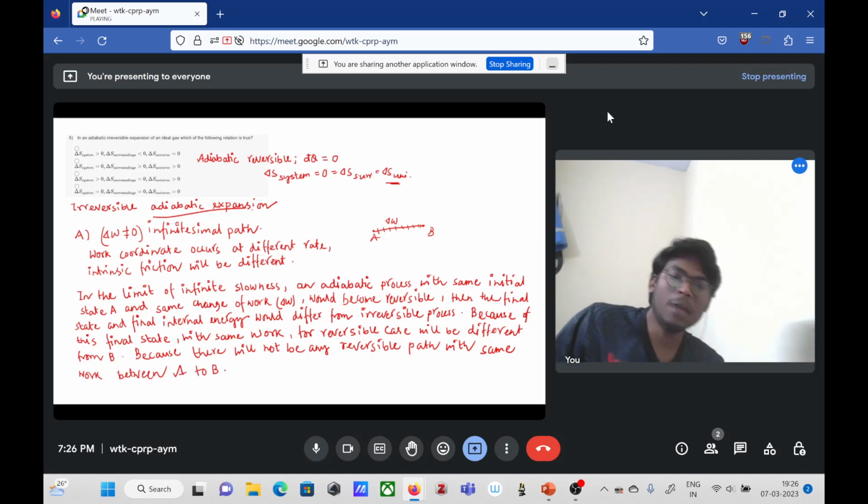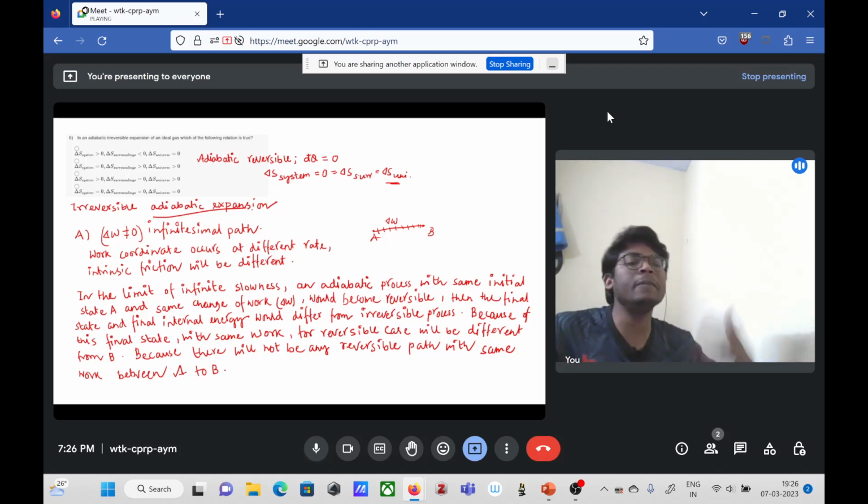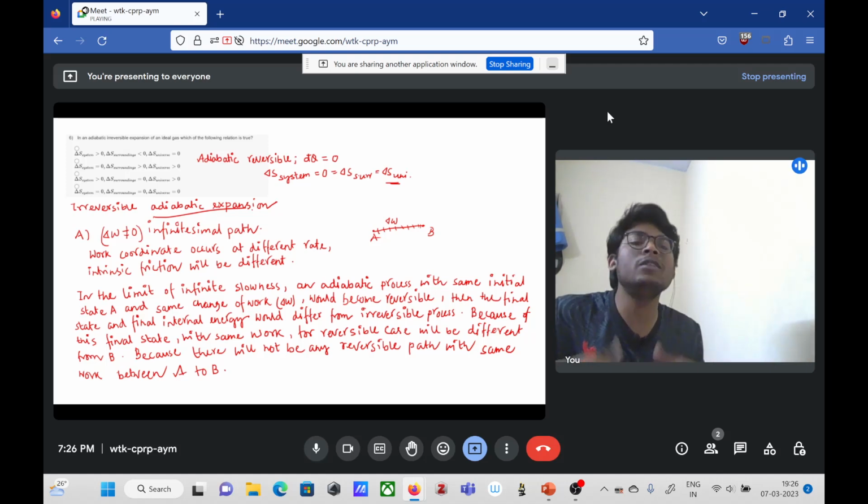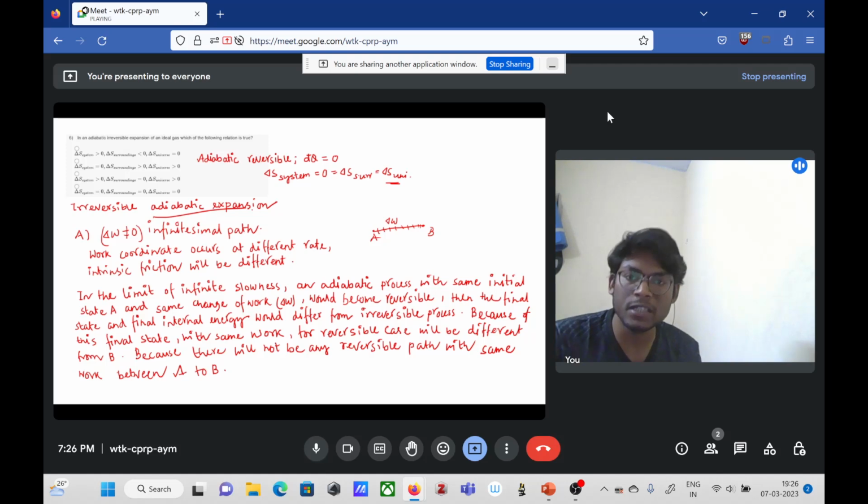Sorry, less work. Because in an irreversible path there is always dissipation. So I am dissipating my energy to reach B, and in the reversible path there is no dissipation. So I would require less delta W, right?